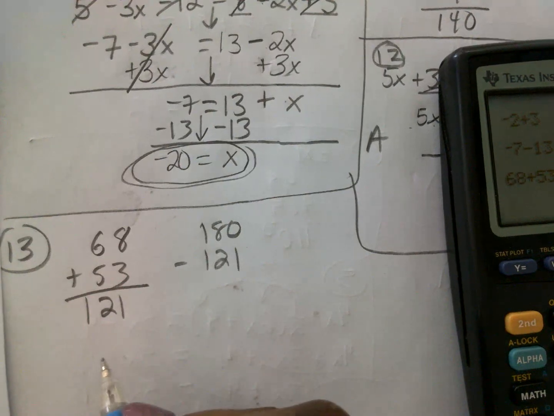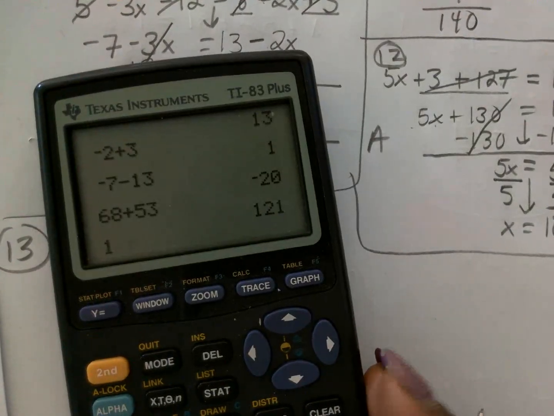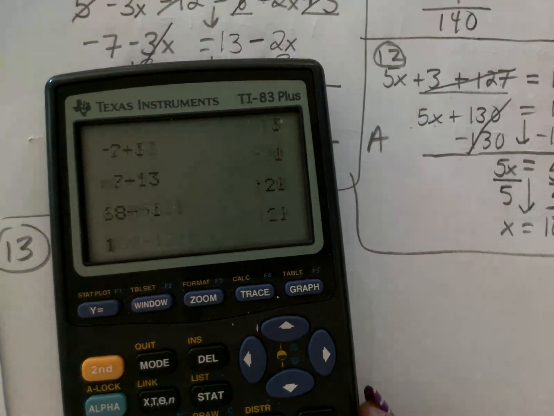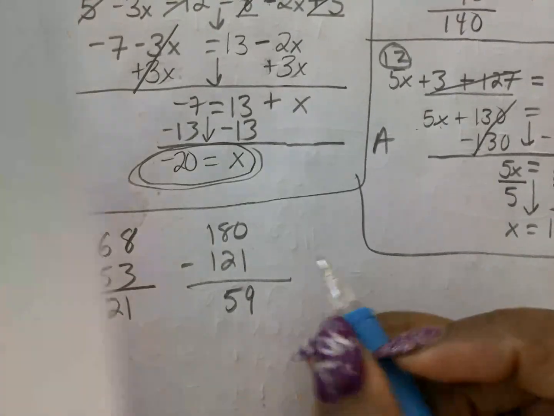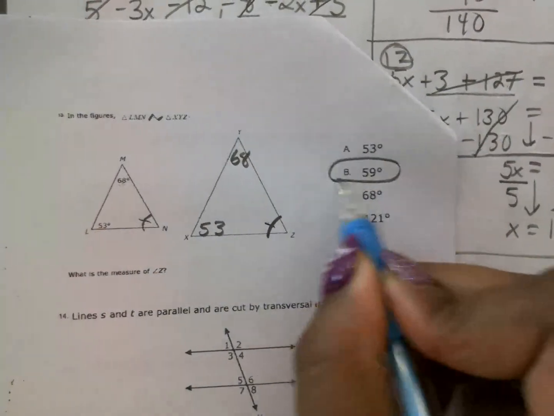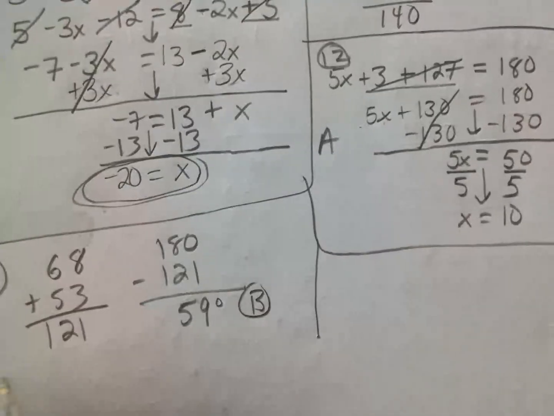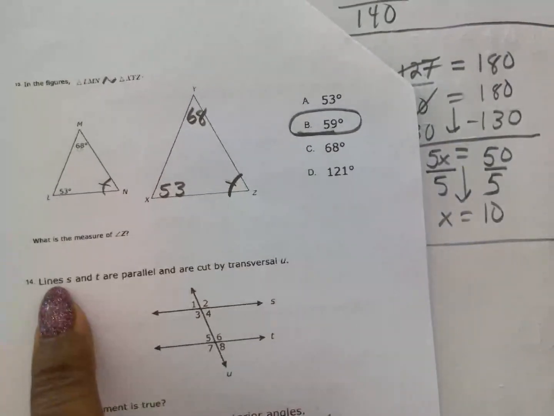Or you could have set this up as an equation. Remember, we've done that before. So we have 180 minus 121, and that's 59. So this missing angle right here is 59, B. So the answer here is B. All right, number 14.